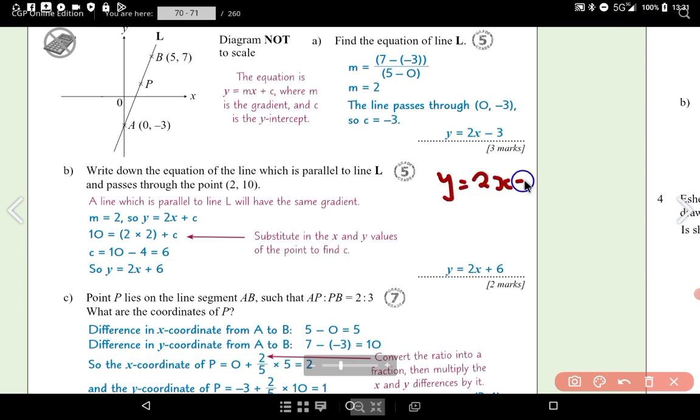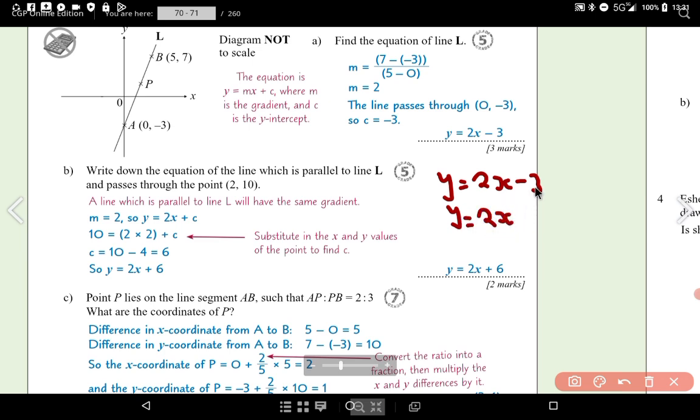So you should read the whole full question, read this out and find the equation of line L. This is what we found. So now we find another line which is parallel to line L. We know that this line that is parallel to line L is also going to have 2 as the gradient.